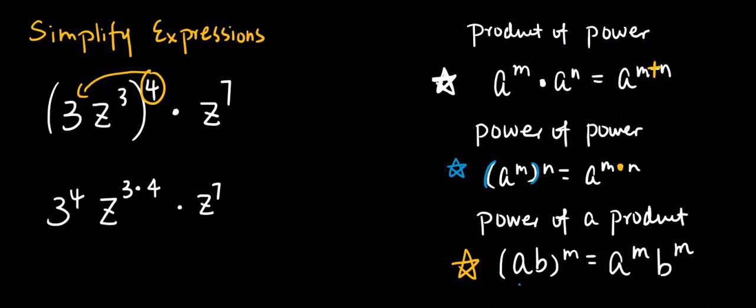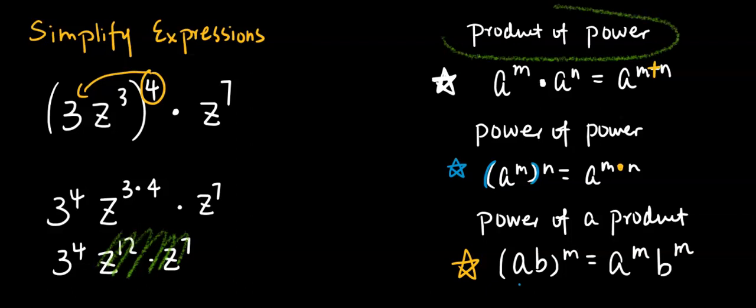We're going to do some baby steps slowly here, okay? All right. So z, 3 times 4, that's 12. Now look at this portion. Which rule are you applying? Did you see I'm going to apply product of power? So 3 to the fourth power, z, 12 plus 7, that's 19.